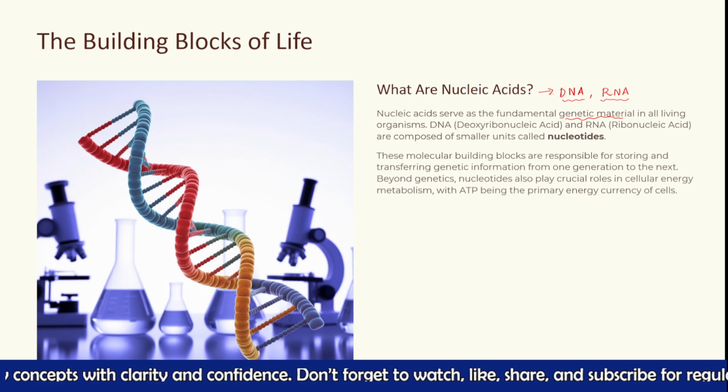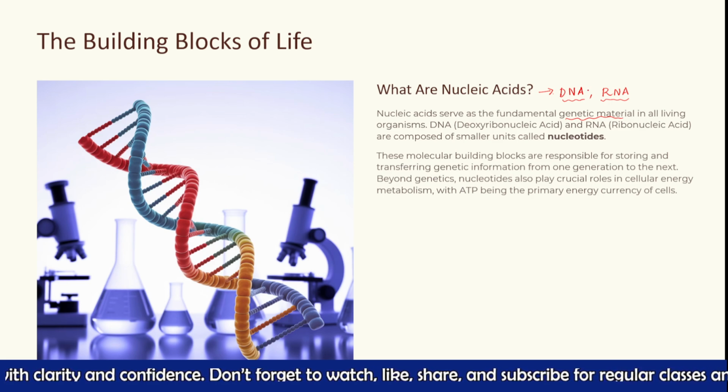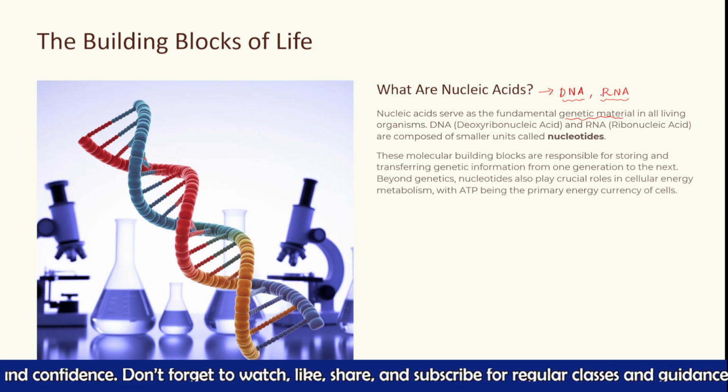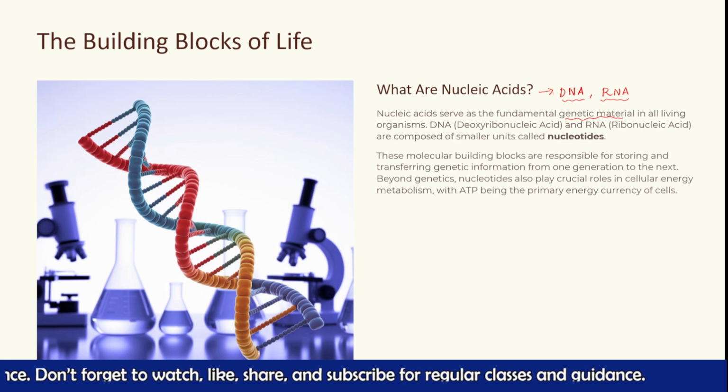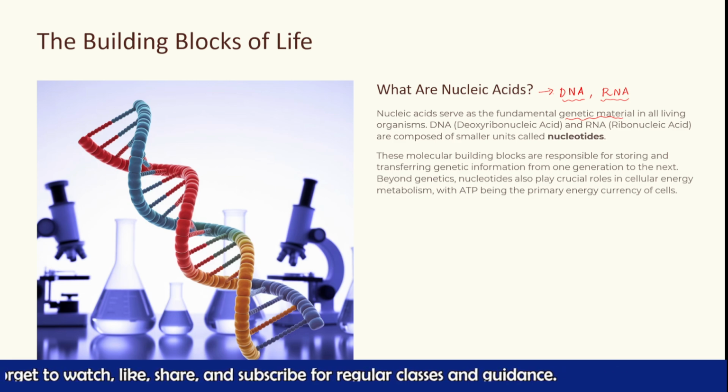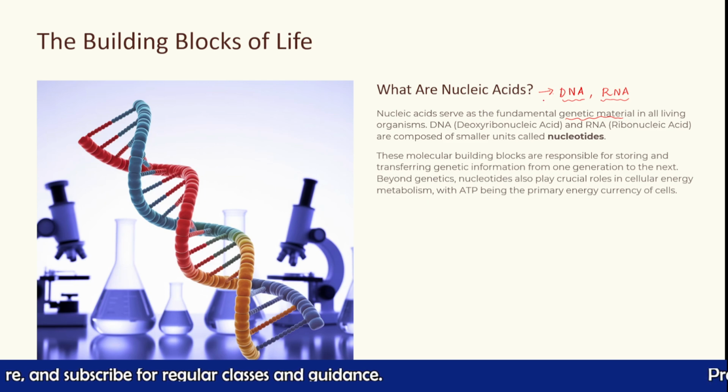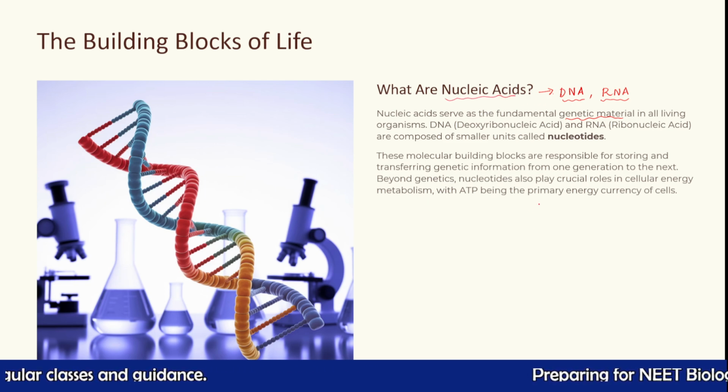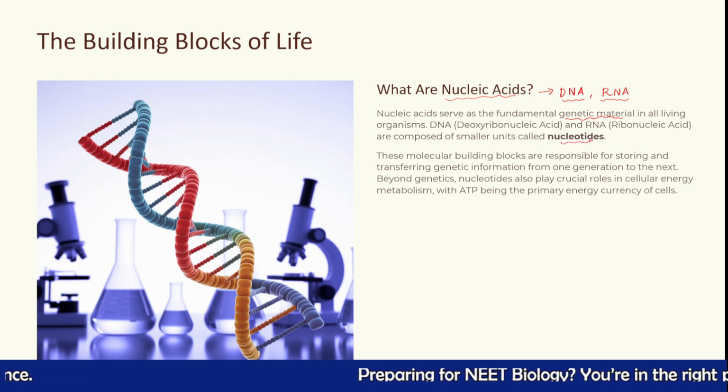Can anybody say the full forms of DNA and RNA? Yes, DNA is deoxyribonucleic acid and RNA is ribonucleic acid. So in the nucleotide, why am I using this nucleic acid topic here? Because nucleotides are the monomers which join to form the polymer called nucleic acids.